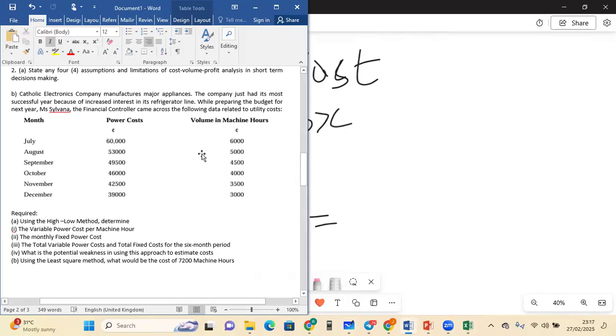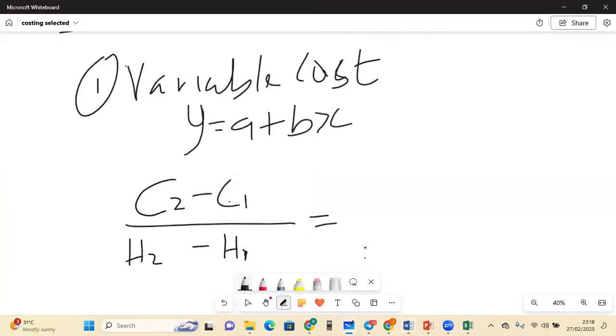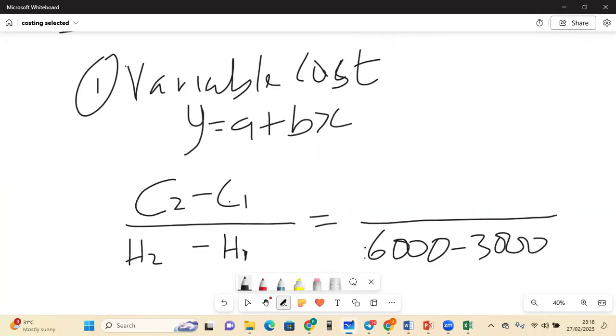Looking at it here, the highest activity level is 6,000 and the lowest activity level is 3,000. The cost associated to them is 60,000 and 39,000 respectively. So let's drive this in here. The highest activity level, 6,000, minus the lowest, 3,000.